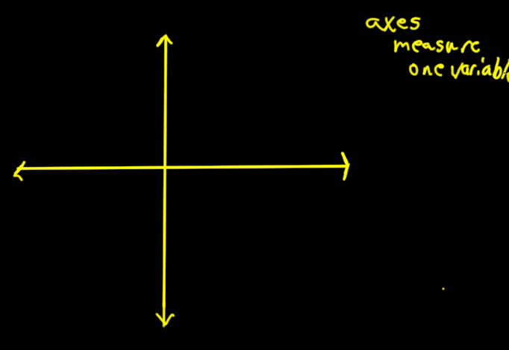What happens is our axes here are used to measure the distance from this point here, which is going to be our origin. It's our starting point, and it has the special values where x is 0 and y is 0.